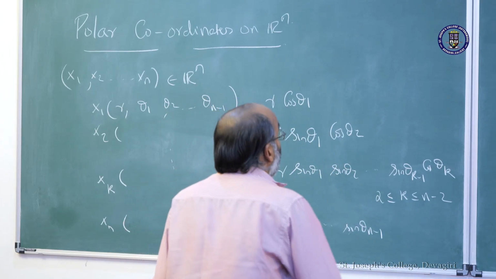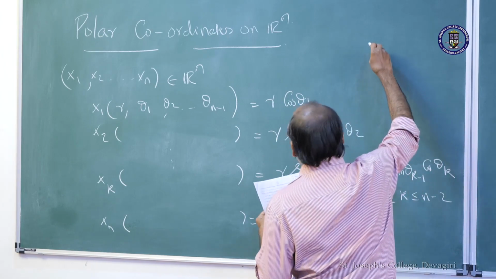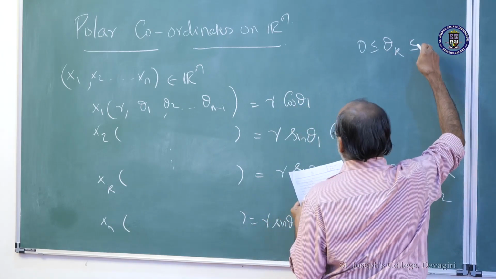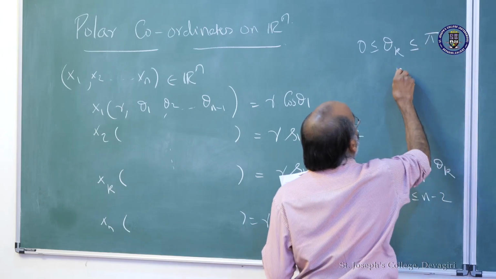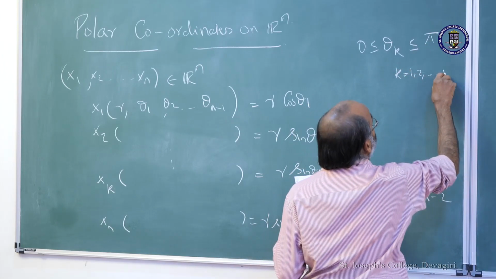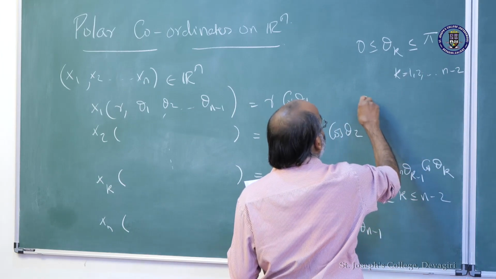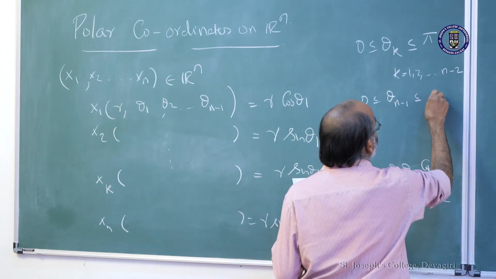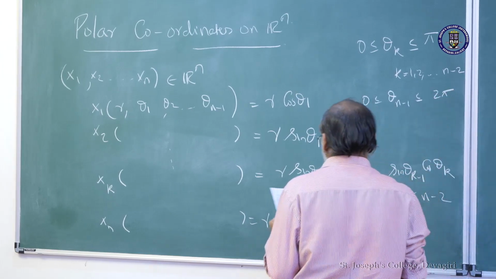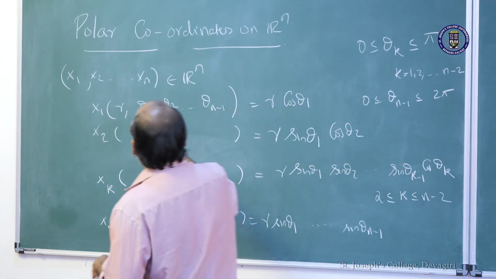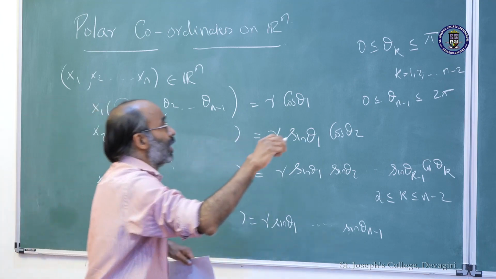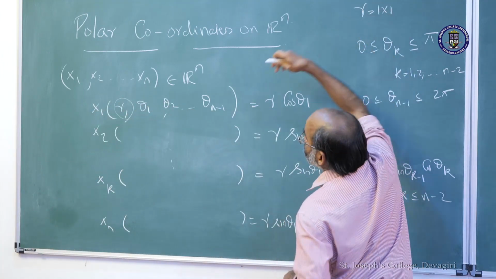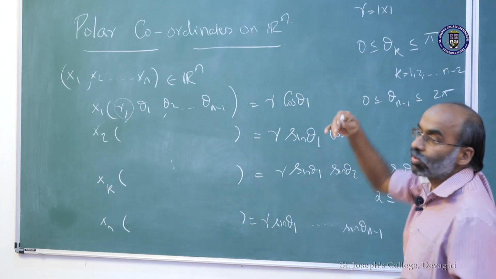The range of theta k is between 0 and pi for k equal to 1, 2, etc., up to n minus 2, and of course the last one goes all the way to 2 pi. And what is r? r is mod x, which is x1 squared plus x2 squared plus etc. plus xn squared, to the half.